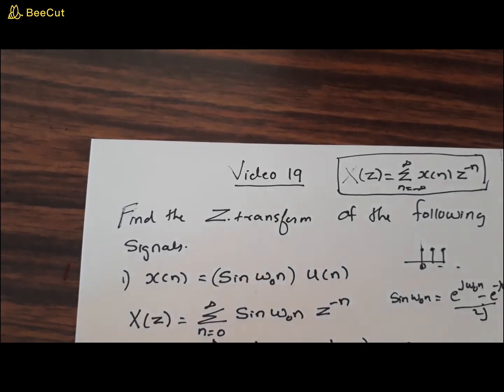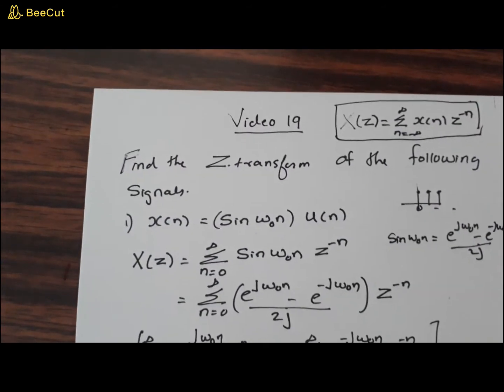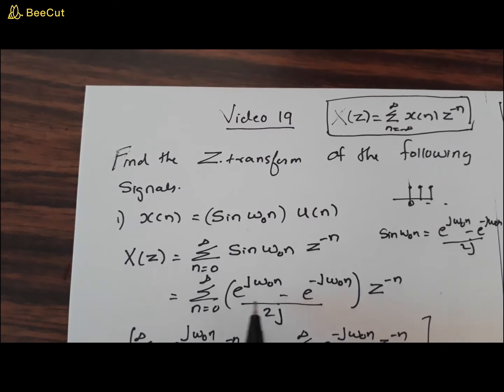This we got from Euler's identity, right? Substituting that in the next step, you will get an expression like this.